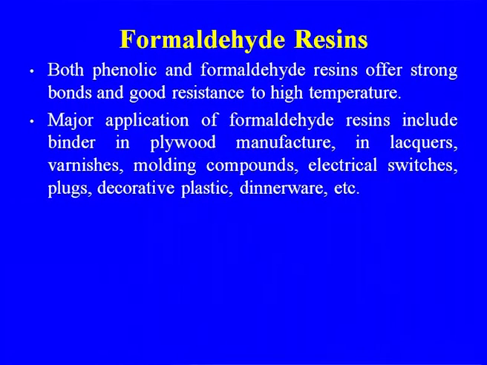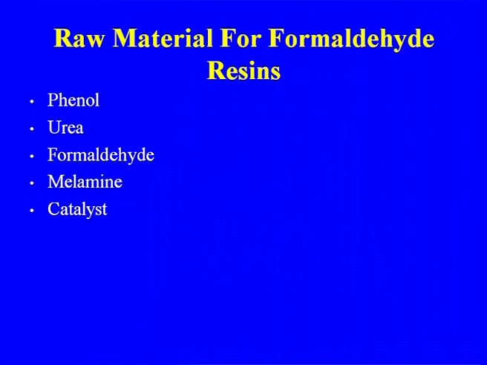Decorative plastic, dinnerware that we are using, is made from melamine formaldehyde. These are the raw materials for the formaldehyde resin: phenol, urea. This is why the first generation chemicals in any petrochemical book are hydrogen, ammonia and urea, because ammonia and urea are important not only from the fertilizer point of view, but also from the petrochemical point of view.